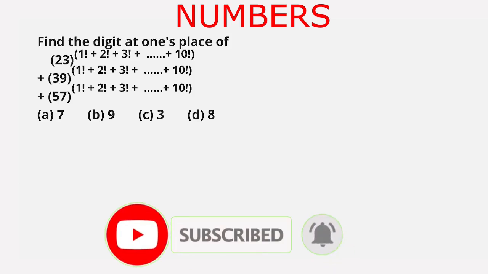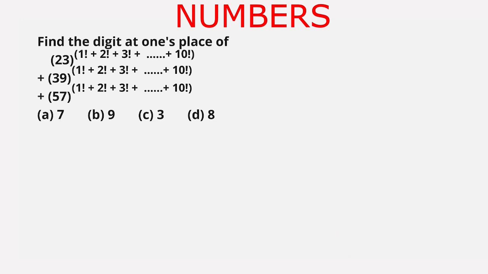We know that ones place digit of any number repeats itself after every fourth power. Therefore, we have to find the value of power of each number 23, 39 and 57. We also know that factorial 4 and all above factorials are divisible by 4, and whenever we divide that by 4, the remainder is 0.